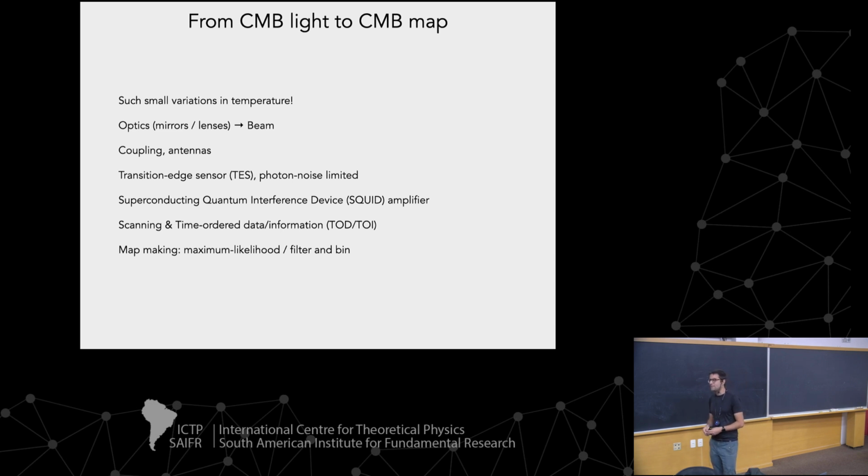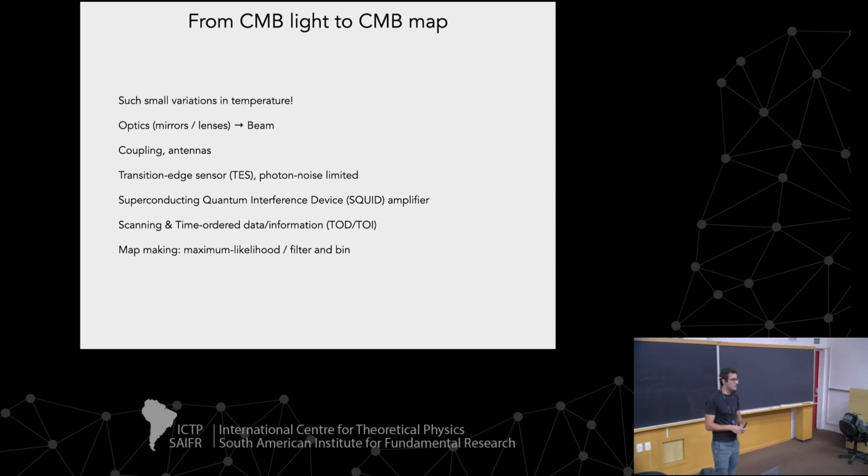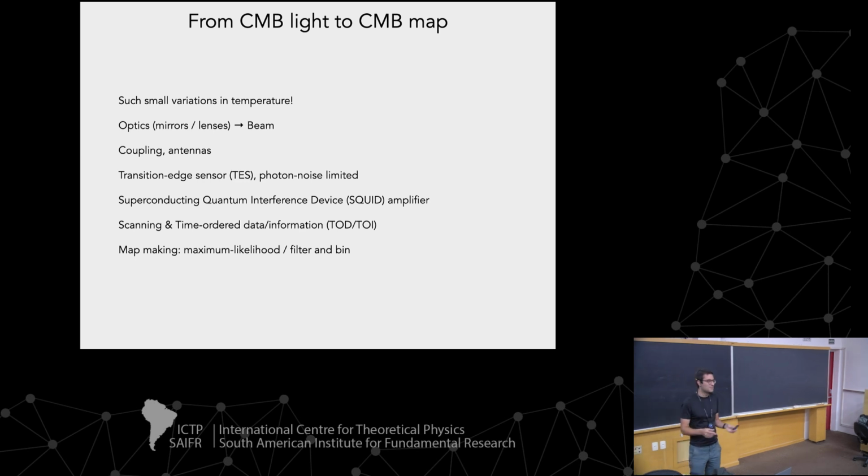And if instead you are interested in measuring the B-mode polarization, the signals are even smaller. A number you might have in mind is nanokelvin, so 10 to the minus 9 Kelvin. You can compare this with room temperature, which is 300 Kelvin. So there are many orders of magnitude between the temperature of where you are and the temperature of the radiation you're trying to observe.